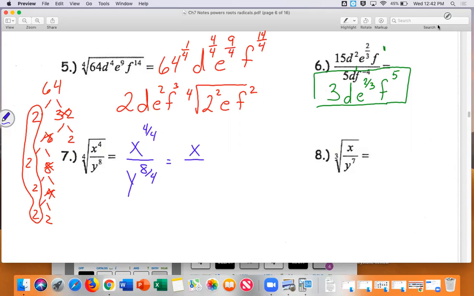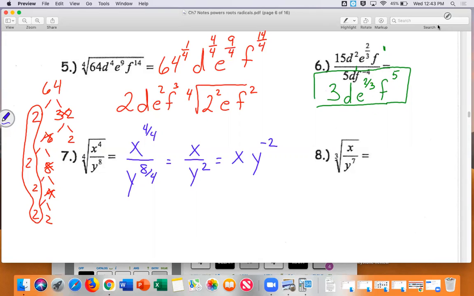We have x over y squared. Easy enough? No denominator. So, no denominator. There you go. Because it just means y is supposed to be on bottom, so if I want it on top, I just give it a negative exponent.